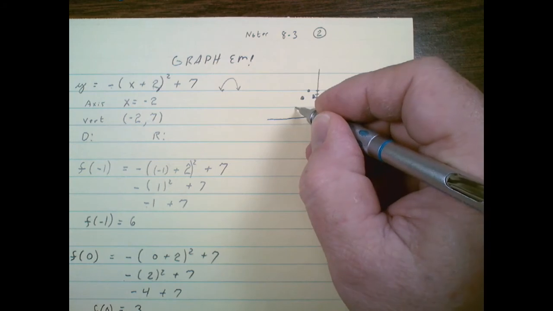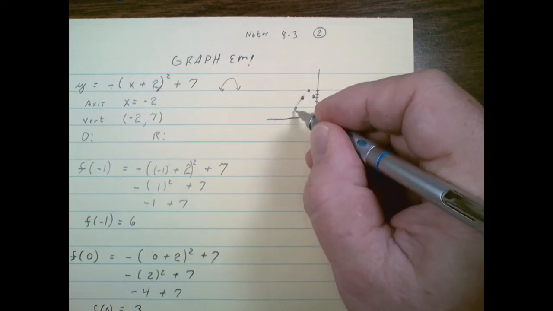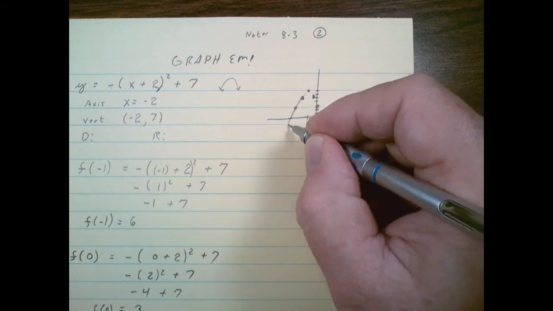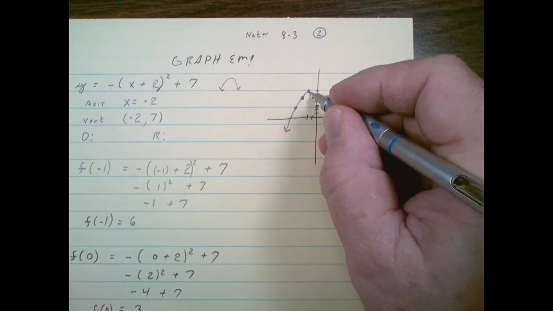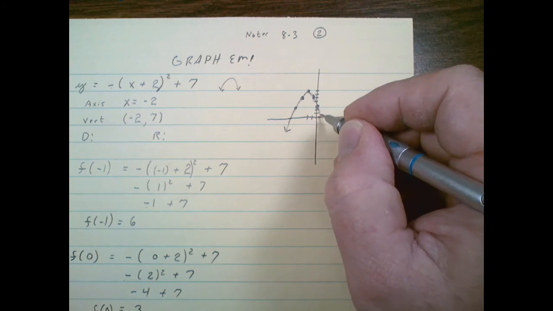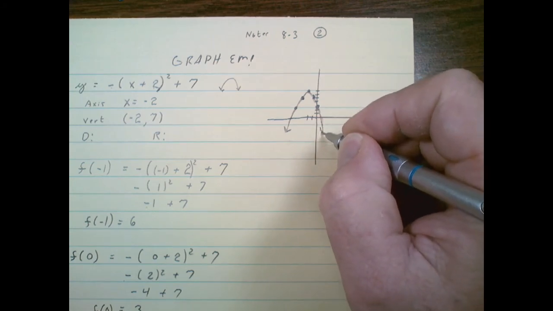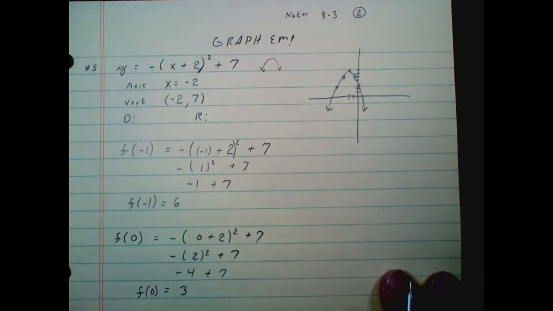So about there and about there. Then I can graph. Remember, it's got to be a curved line. And it's best to use little bitty strokes so you can get it to fit in there. All right. So it should look something like that.